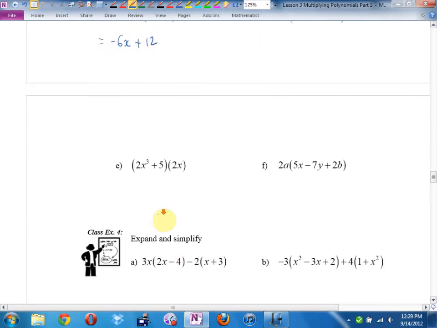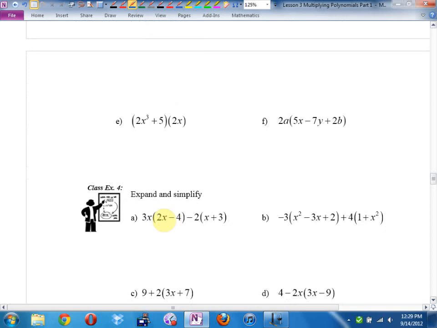Skip D. Let's go to E. Now, E is written weirdly. E is a binomial times a monomial. Looks a little strange. Anthony, you know what? Everything in the front times. Okay, so this guy's in the front, that's in the back, and this guy's in the front, that's in the back.